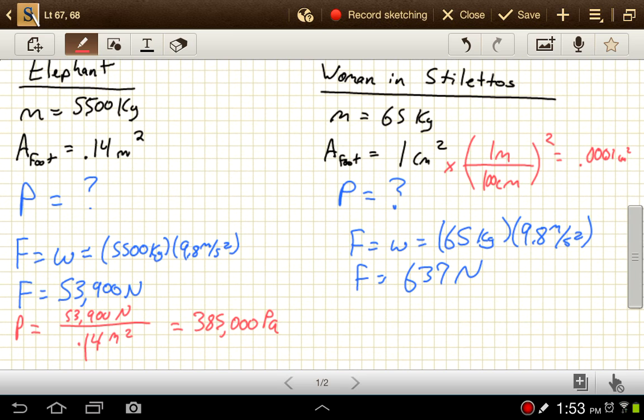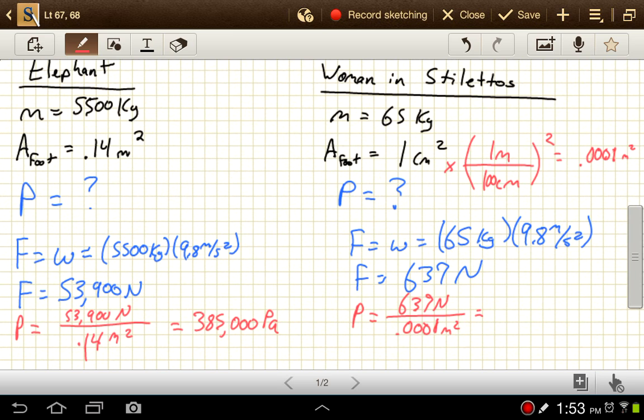For the lady in heels, we've got her force, 637 newtons, divided by the area for that heel, a very, very small area here, 0.0001 meters squared. And looking at that, I wrote that wrong up here, 1 square meters, there we go.